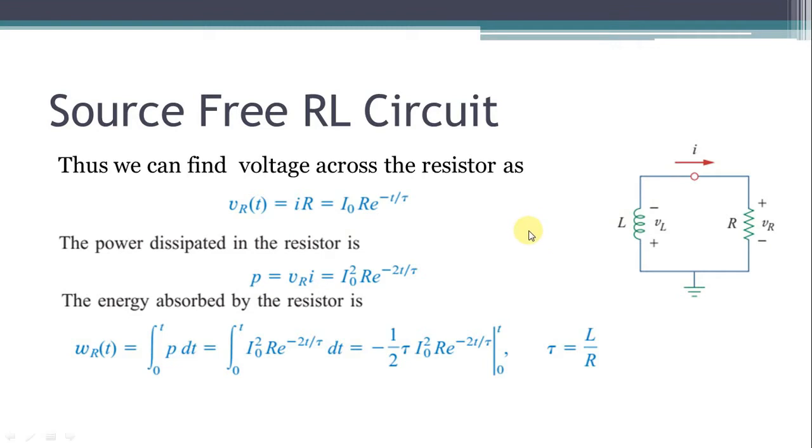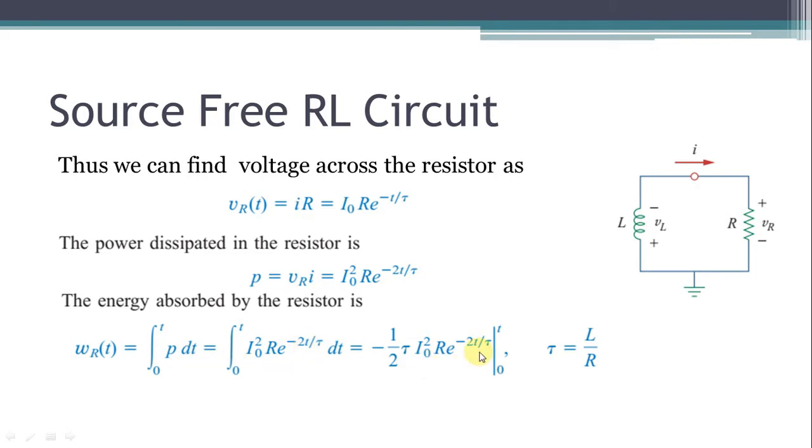As we know that power is the rate of doing work, the energy is equal to the integration of power over all the time. And power here is I naught square R e to the power minus 2t over tau.